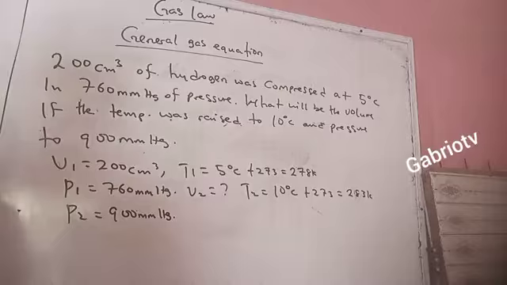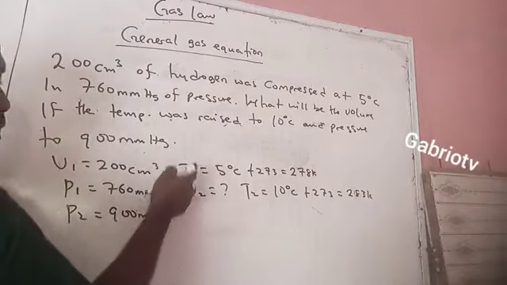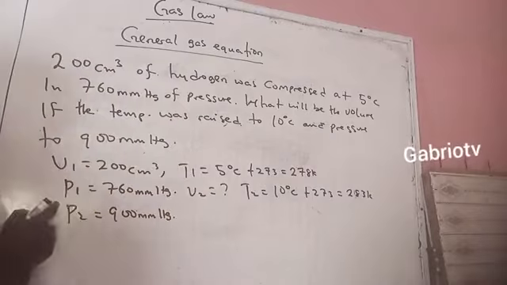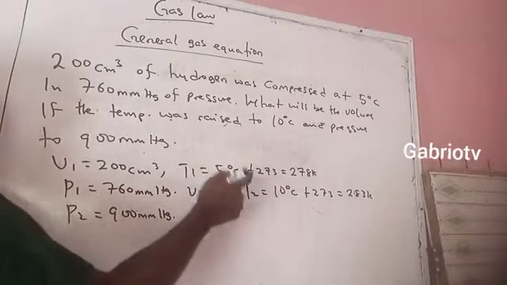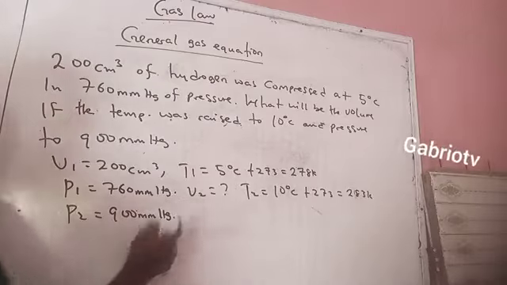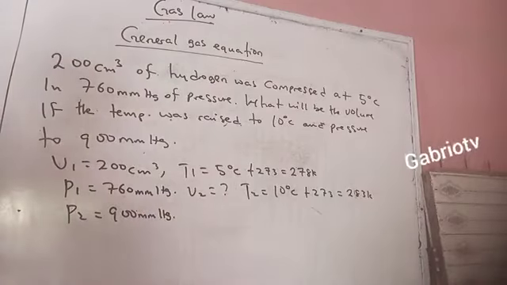Having this, you can see I have V1, T1, and P1, then T2 and P2. So what is missing here is the volume, and that's what we are going to find.